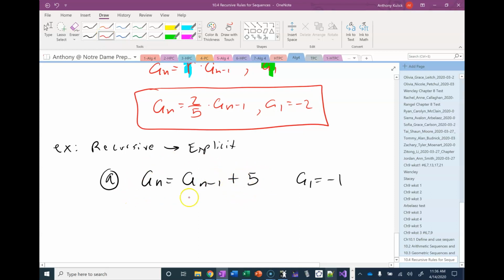Since we're adding here, I know it's arithmetic. And I can tell that my d is 5, and my first term is -1.